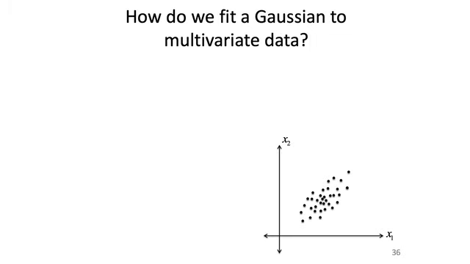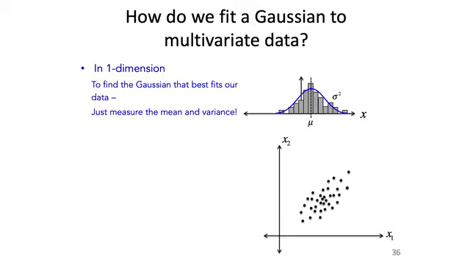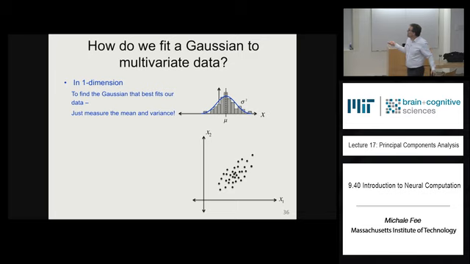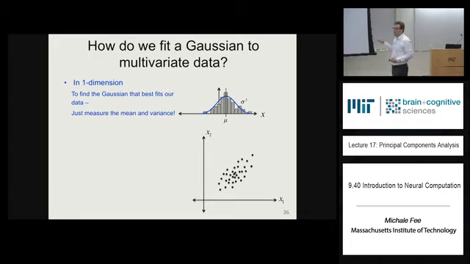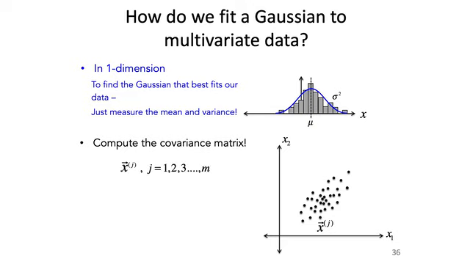So here is some high-dimensional data. Remember that to fit a Gaussian to a bunch of data, all we need to do is find the mean and variance in one dimension. For higher dimensions, we just need to find the mean and the covariance matrix. All right? So that's simple. So here's our set of observations now.